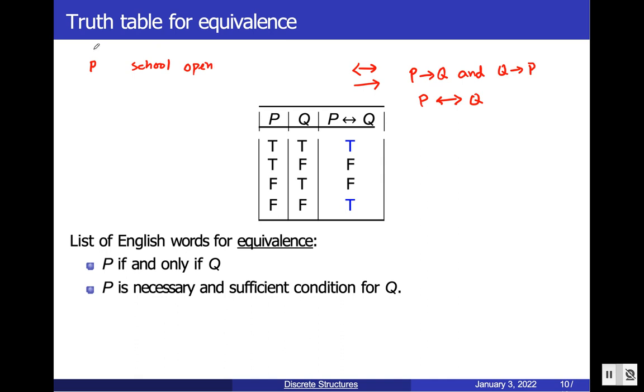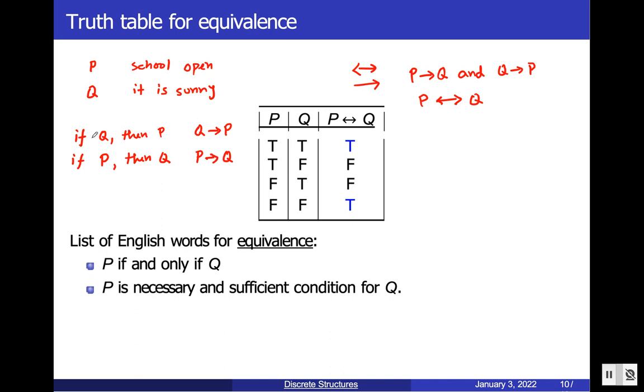The school opens, I'm giving the name of the statement P, and it is sunny, the name of the statement is Q. So if it is sunny, then school will open, and we can write that Q implies P. Now again I'm saying that if P, if school opens, that means it is sunny. Now I can write it as P implies Q.